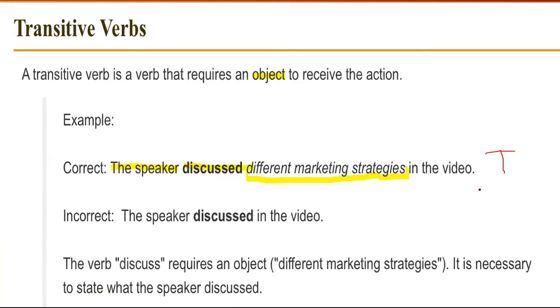In your classwork that you will do later and upload to the platform, you will do the same. You will underline the verb this way, and you will circle all the objects.